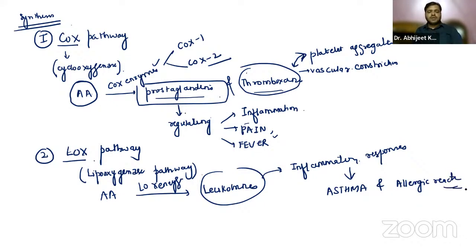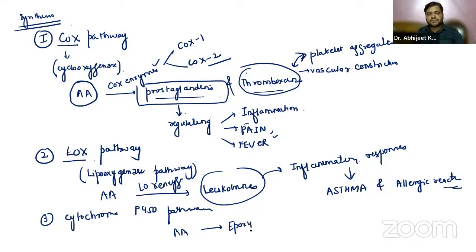There is one more way of synthesis, which is called the cytochrome P450 pathway, right? So arachidonic acid can be metabolized into epoxy eicosanoic acids, that is called EETs, okay?